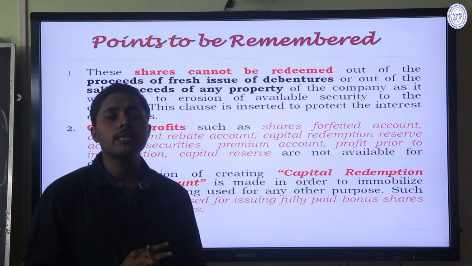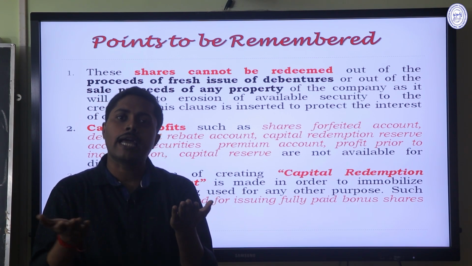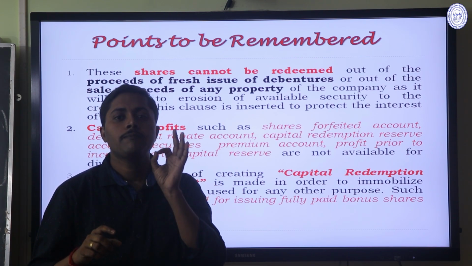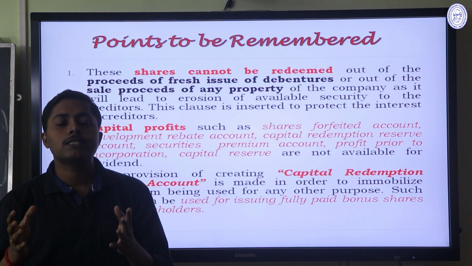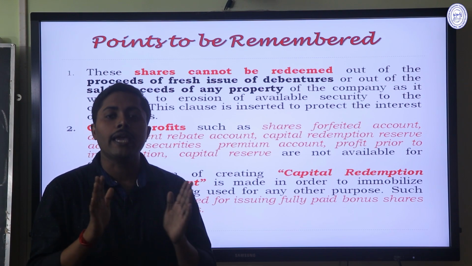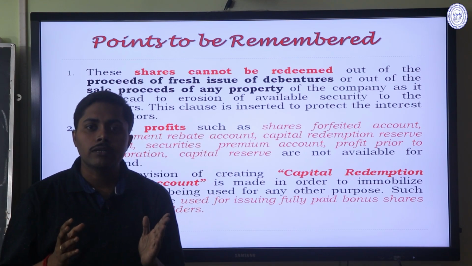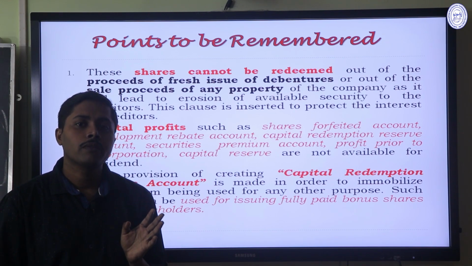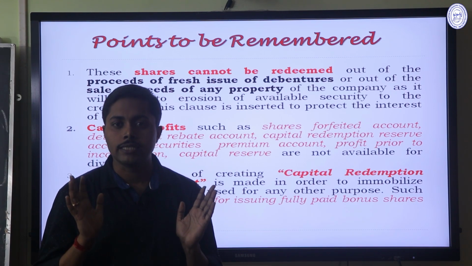So for this purpose, either the company will issue fresh equity shares so that the capital which is eroded can be restored, or the company will block its free reserve balance in the CRR account. If the company transfers the funds from the free reserve to CRR, there is no way to pay dividend from CRR. Capital Redemption Reserve account can only be utilized for the purpose of bonus issue. Only for the purpose of bonus issue can CRR be utilized.